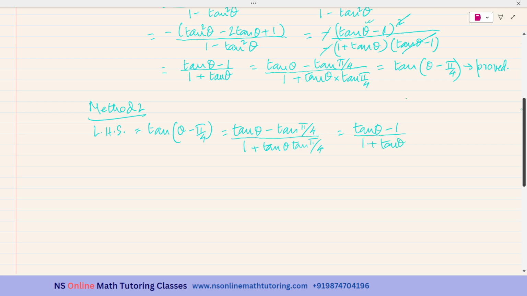And because the right hand side is having sine and cos, so I have to convert this to sine and cos. So this is sine theta over cos theta minus 1 over 1 plus sine theta over cos theta. Okay.